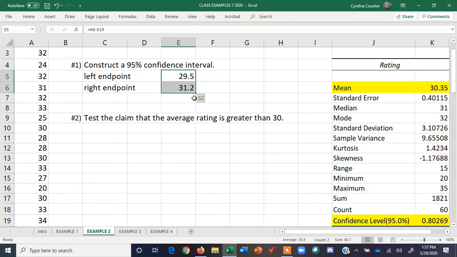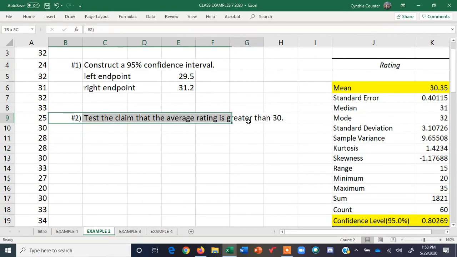Okay, now 31.2 is bigger than 30. However, the left endpoint is less than 30. So it does not look like the population mean is necessarily greater than 30. So I will suspect we will fail to support this claim.